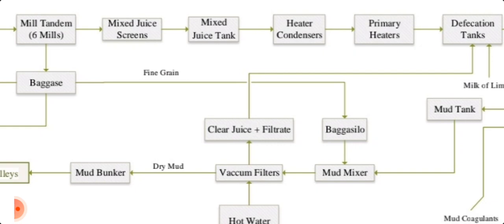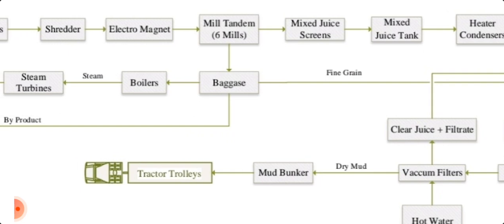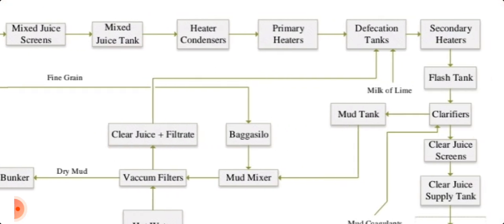The dry mud goes to the mud bunker, and from the mud bunker tractor trolleys send this mud to the field, where it will be used next. We can leave behind the SRI clarifier name here, since in the block diagram only the clarifier is shown.